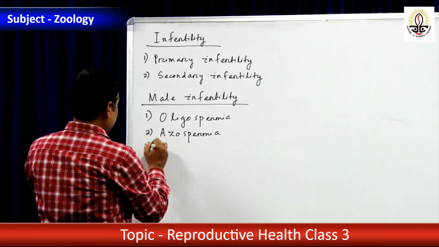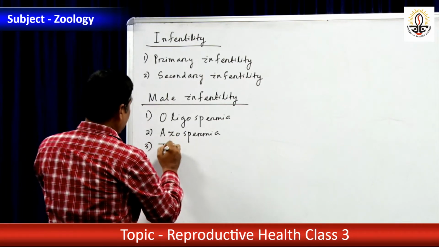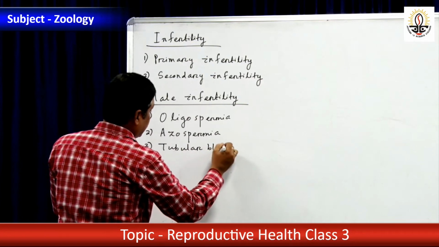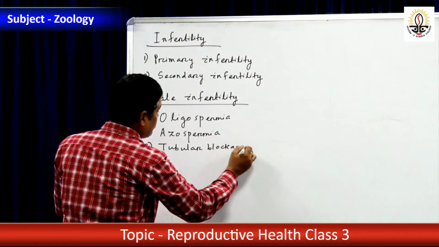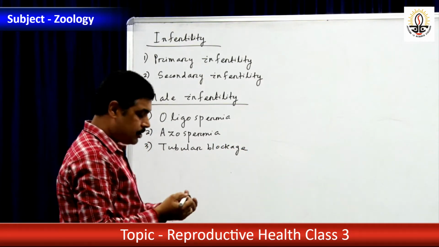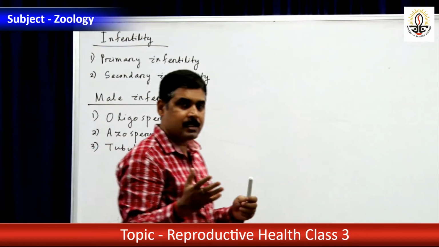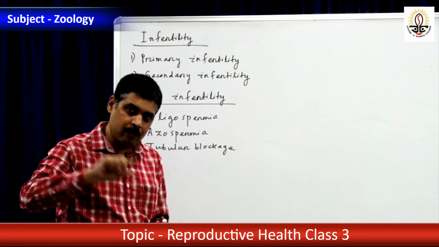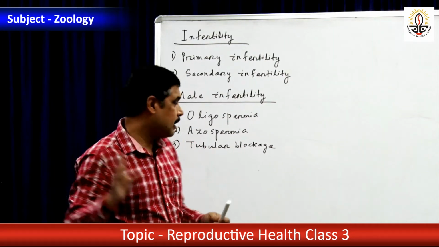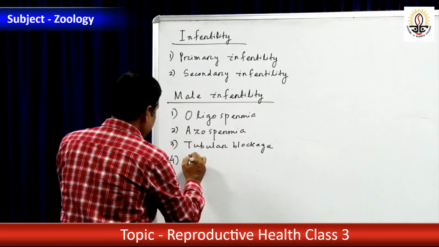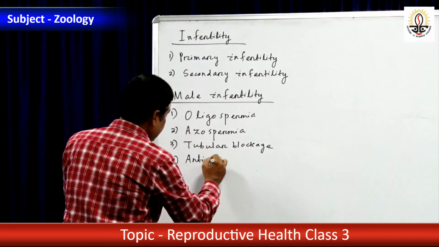Okay, third one, tubular blockage. Tubular blockage means vas deferens or vasa efferentia will be blocked. If the vasa efferentia or vas deferens is blocked, the sperm will not be able to pass through it. That is called tubular blockage. Fourth one is anti-sperm antibody.